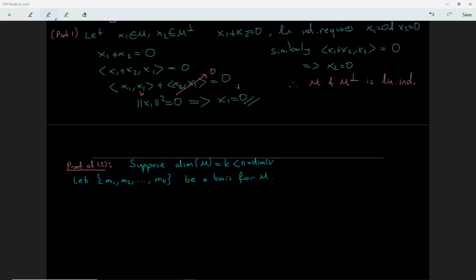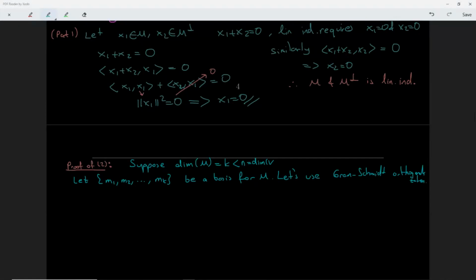So what I would like to do here is that, starting from these mk's, I can use the Gram-Schmidt orthogonalization technique to obtain an orthogonal basis for M, right? So let's use Gram-Schmidt orthogonalization.